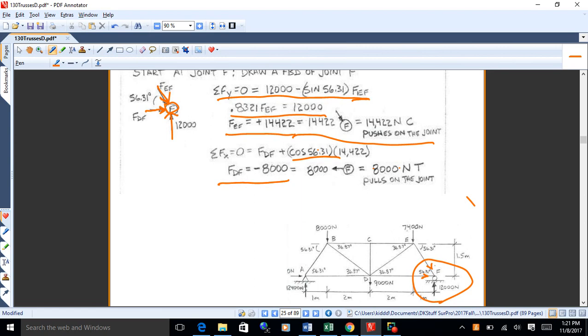Well, what that means is my assumption was wrong. DF doesn't push on the joint to the right, it pulls the joint to the left. Okay. So I'll reverse that arrow so that it's a pull. That means DF is 8,000 tension that pulls on the joint.